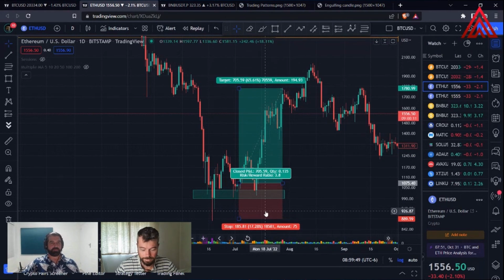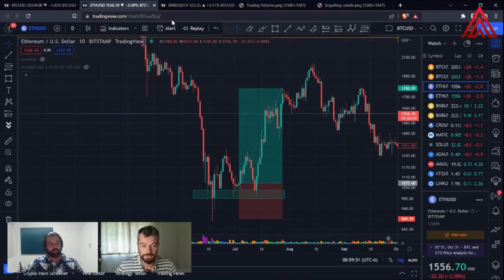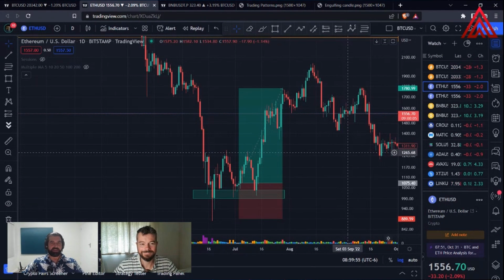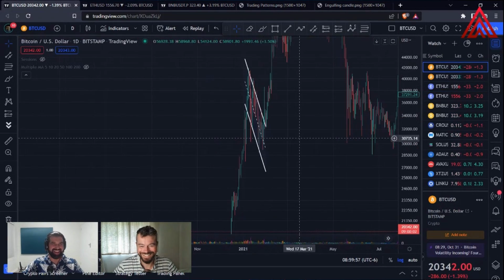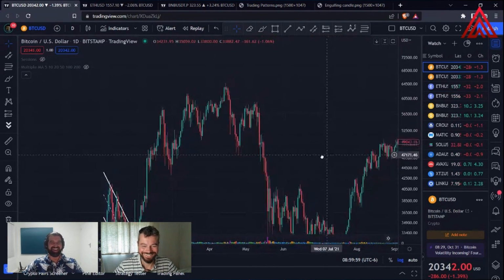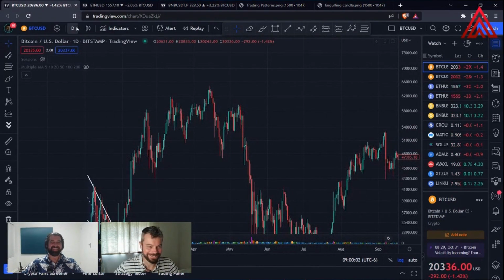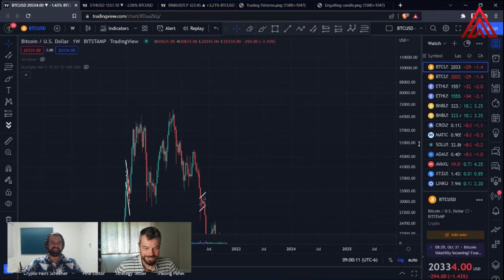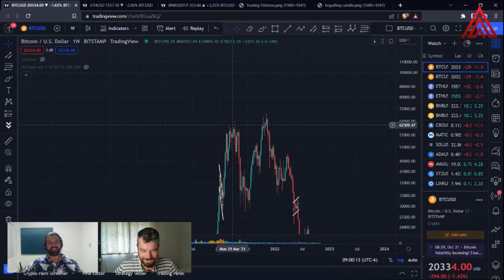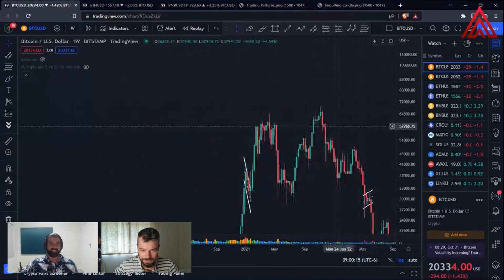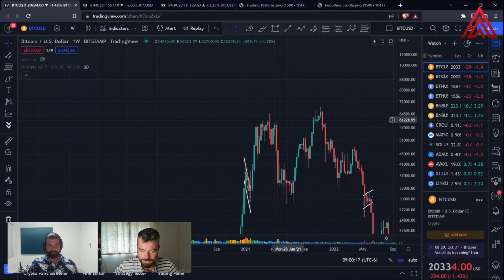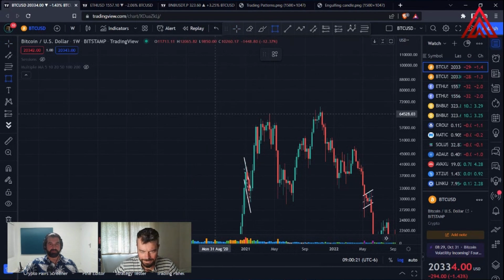Okay, simple. What might be a cool double top to show would be Bitcoin last year, maybe on the weekly. Yeah, so we could have a look at the weekly. Again, you see, it doesn't close exactly at the same place, but if you draw a zone, then it's fairly obvious.